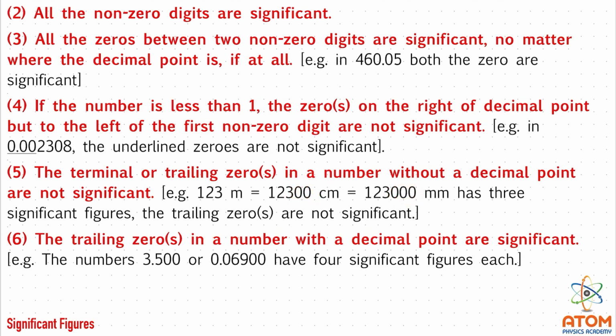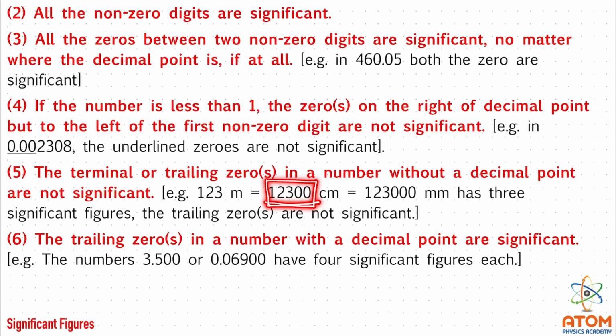Mind well, again I am saying, the trailing zeros in a number without a decimal point, here there is no decimal point, you can see, are not significant. Still you might have some difficulty or some question here, that how can we not consider this as significant? Because in physics, this is not a way of writing the length in centimeter.